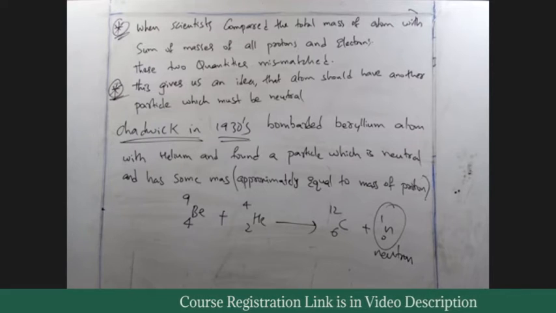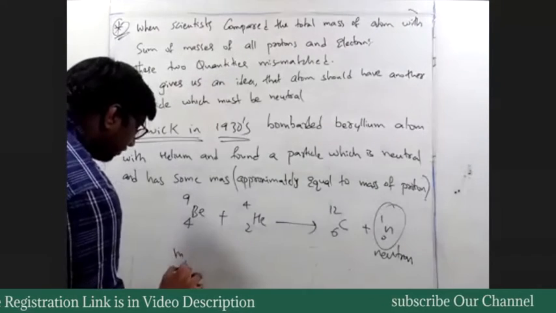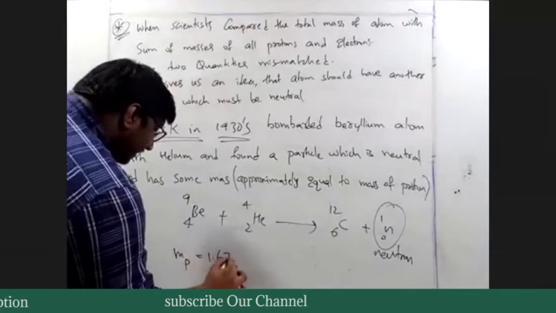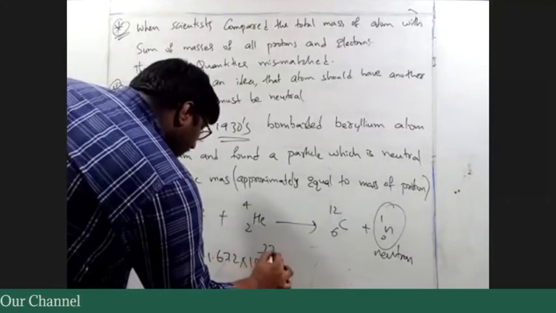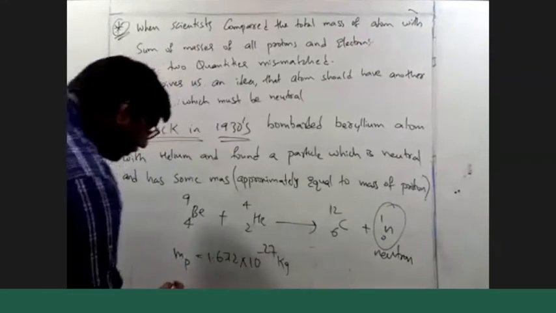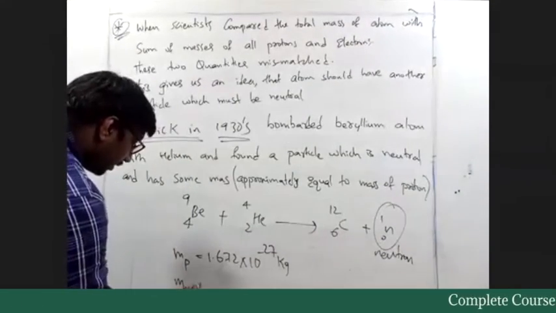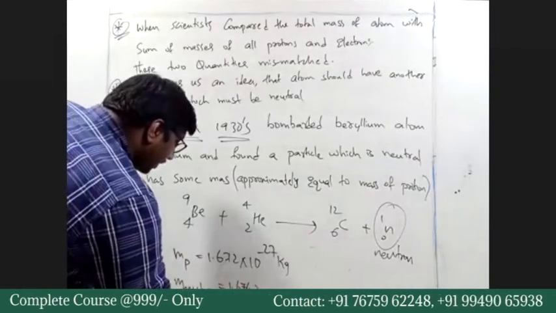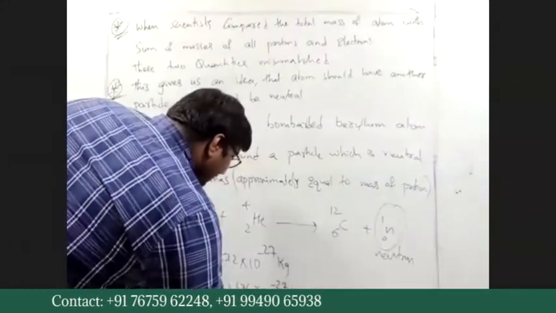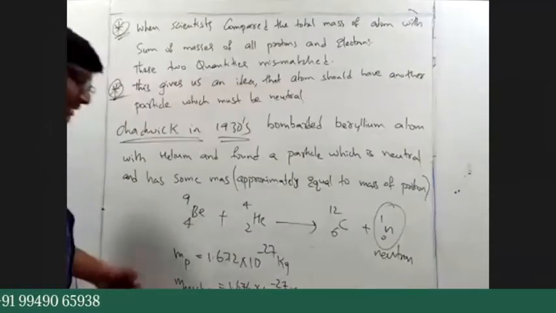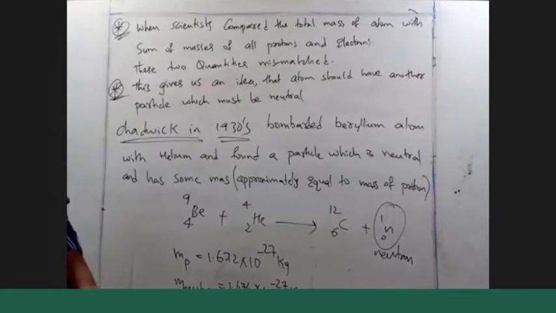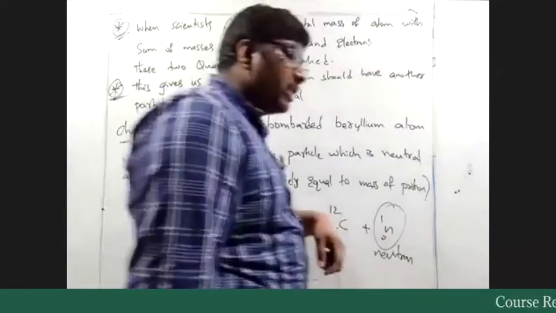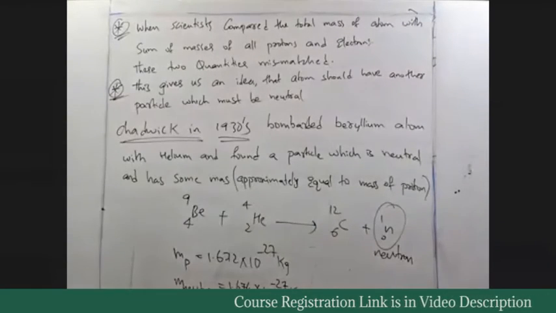1.672. Mass of proton is 1.672 into 10 power minus 27 kg, right? So mass of neutron is slightly higher, 1.674 into 10 power minus 27 kg, and its mass is calculated by other scientific ways which are not required for you at your 12th standard.